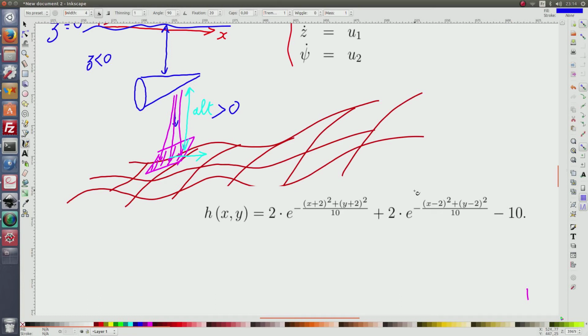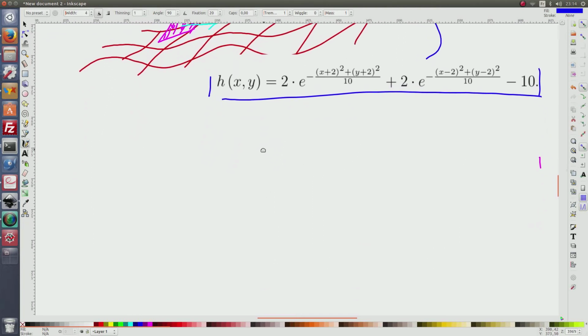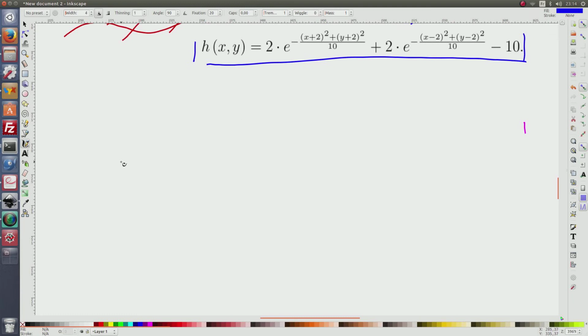For the simulation, we will assume that we know the seafloor, which will be described by this equation. To have a better idea, I will represent a two-dimensional view. I have here the surface of the water, z equal to 0. z is oriented like this.